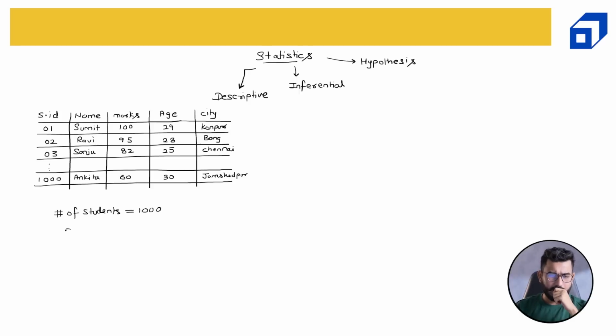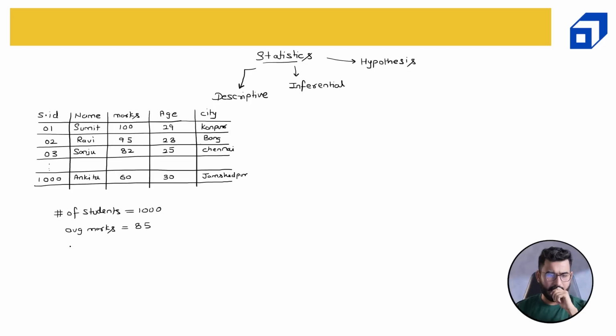Let's say the average marks of this class is 85. Again, this one number is describing the complete class, and we will be talking more about what average is, but this number is talking about the complete class, and hence this is a descriptive statistic.